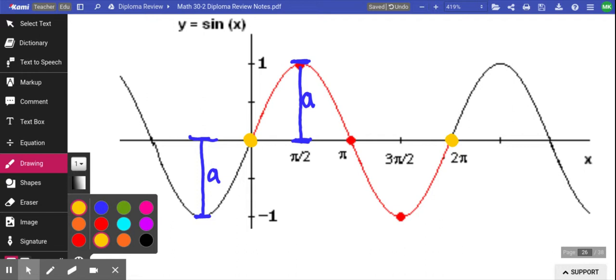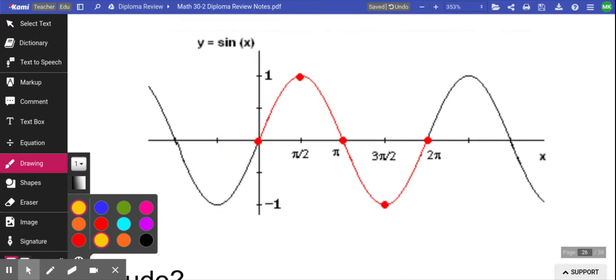The distance from that to that is my period. It's not your B value, it's your period. That's how long something took to cycle. This thing cycled after 2 pi. It might also help to remember amplitudes are Y values, periods are X values, right? If you're thinking about distances.